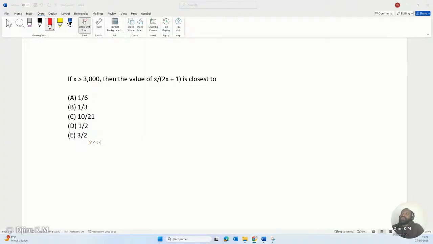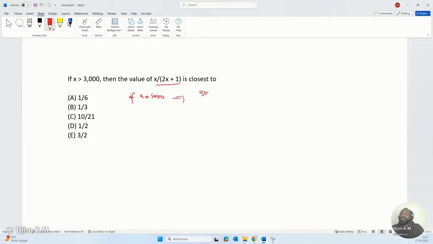So here we are going to suppose, let's just suppose, if x is actually equal to 3000, so we are looking for this value.